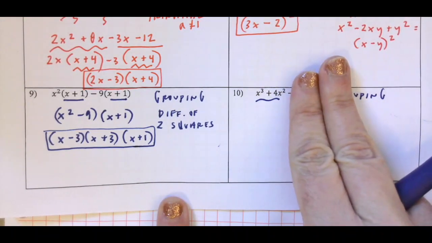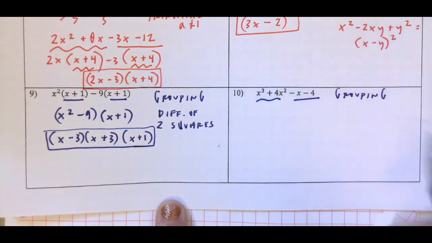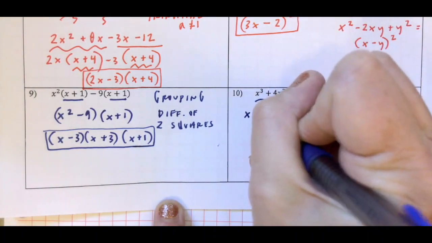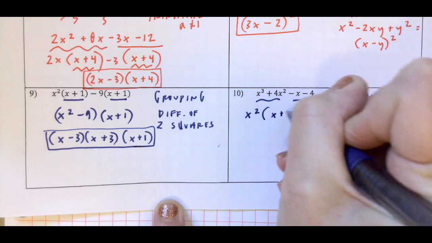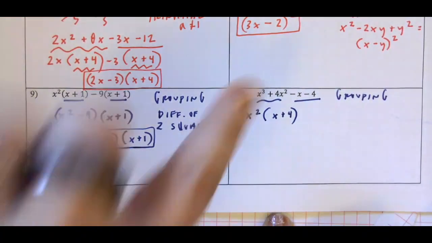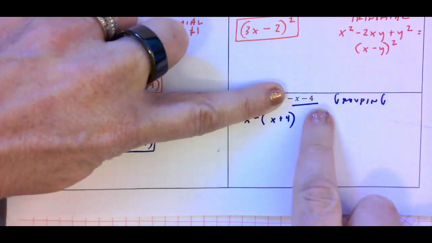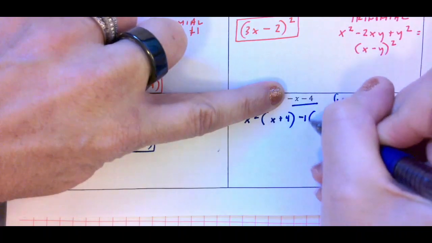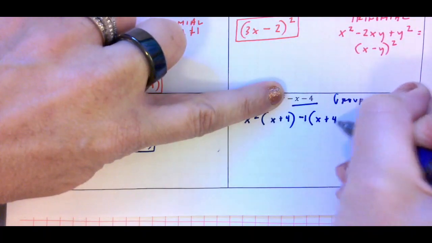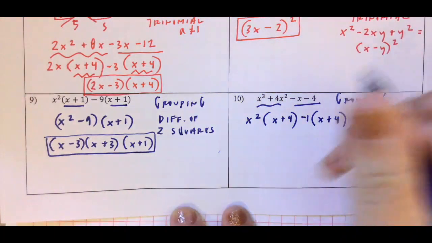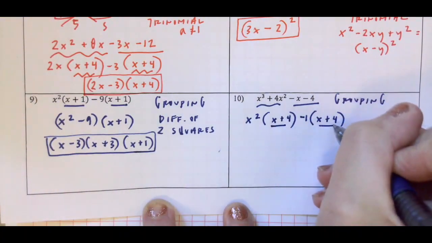And then here I look for a GCF. They share an x squared in common, leaving behind an x plus 4. Okay, over here, I can divide out a negative 1, leaving behind an x plus 4. They match, as they have to be able to break it down further.